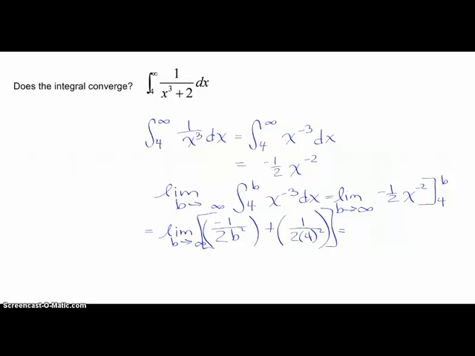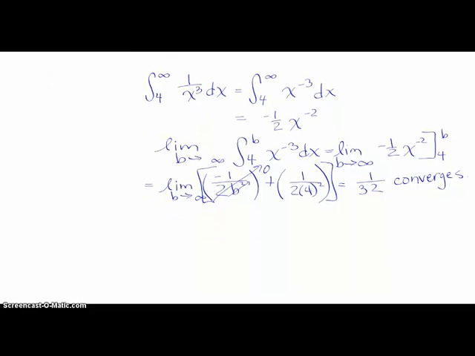So as b heads toward infinity, that's negative 1 over huge. This term is headed toward 0. So this converges to a value of 1 over 32. So it converges. So I have determined that 1 over x cubed converges.